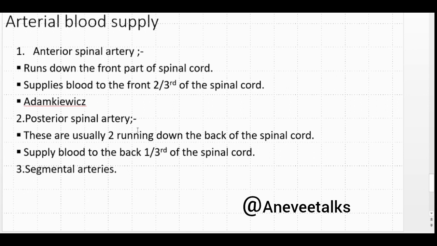To understand better, we start from the basic anatomical structure, so that if there is a complication, we can easily identify its cause. That is why we need thorough knowledge of the anatomy of the spinal cord and vertebrae. This was just a basic introduction.